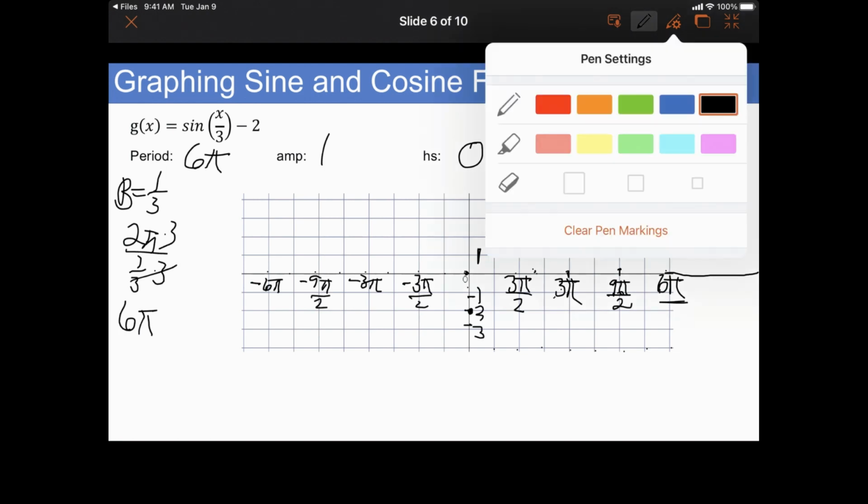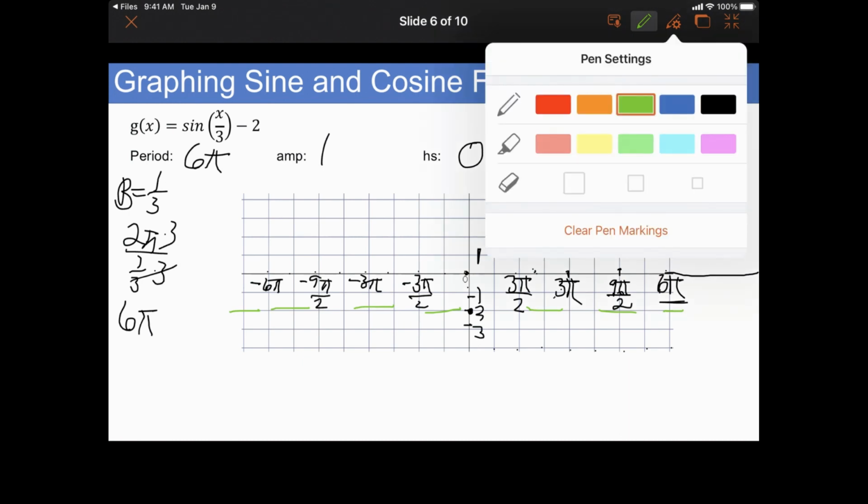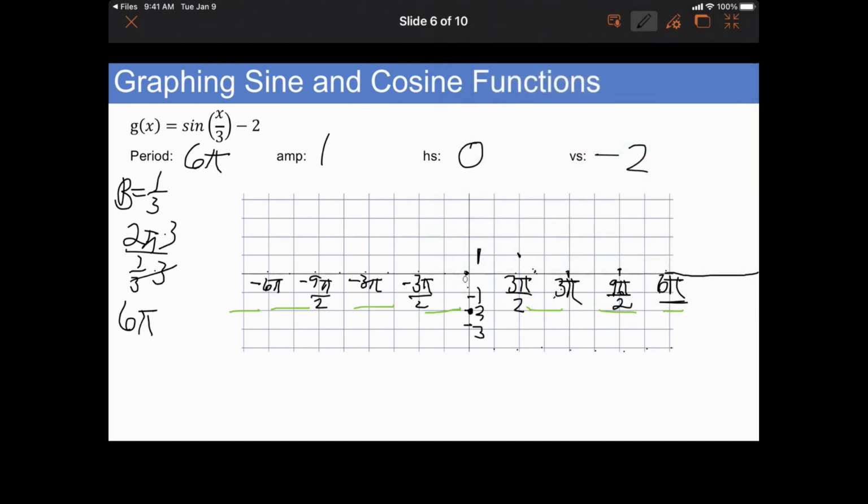All right, so my midline is going to be here. Okay, so we are here. We're going to go up 1, okay, and then back to my midline. Down 1, and back to my midline.